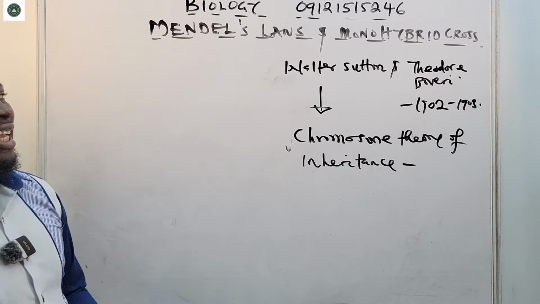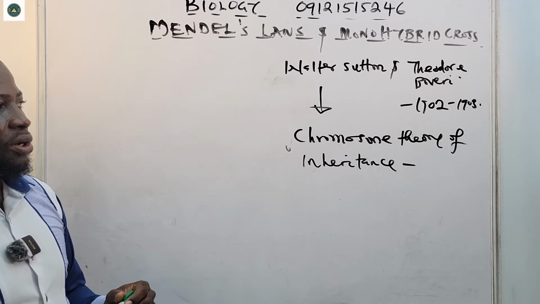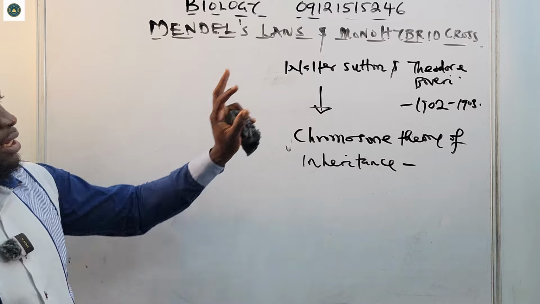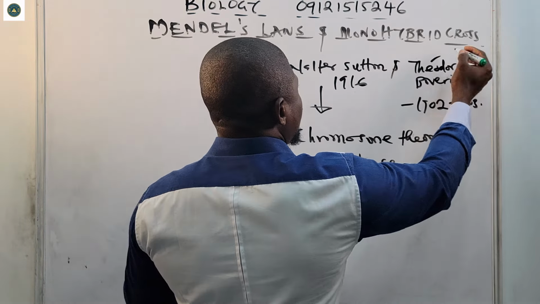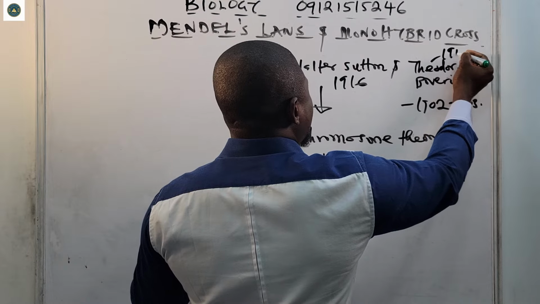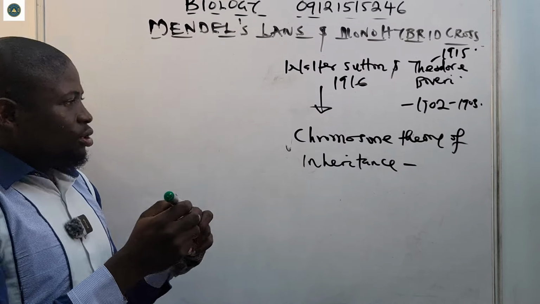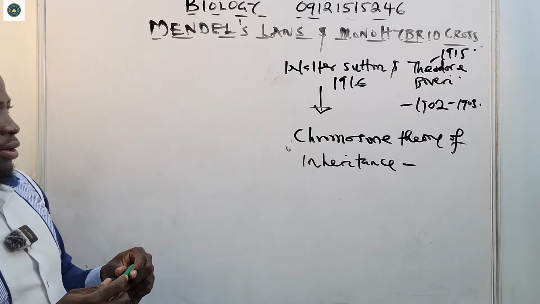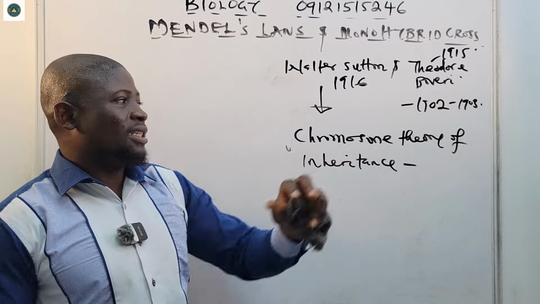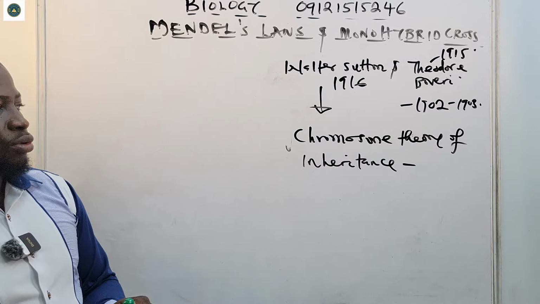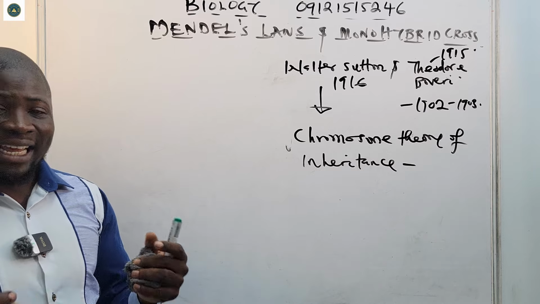Please take note of that: Walter Sutton and Theodore Boveri. Walter Sutton died in the year 1916. Theodore Boveri died in the year 1915, I think. So they worked in the early 1900s, from 1902 to 1903, on the chromosome theory of inheritance.